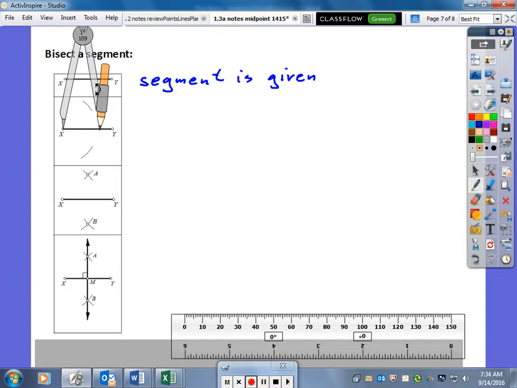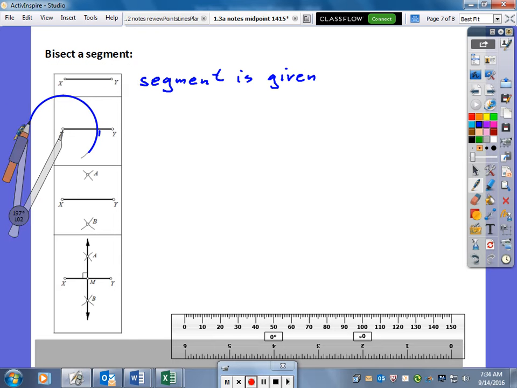And now like this, we are going to draw either two arcs, or we can even draw a full circle. You can make it two arcs, one above and one below the line, or you can even make it a full circle.